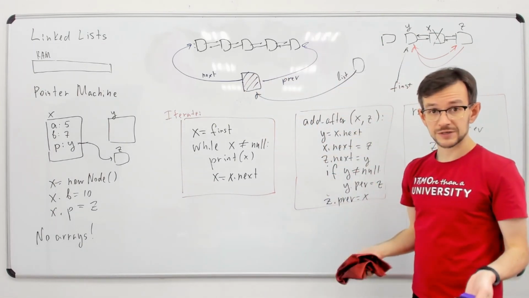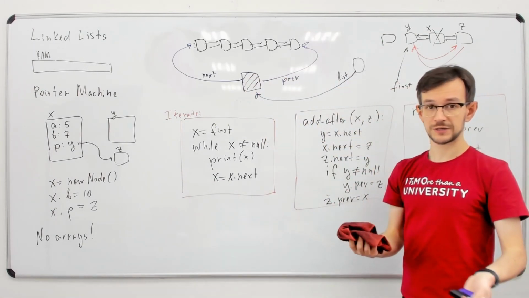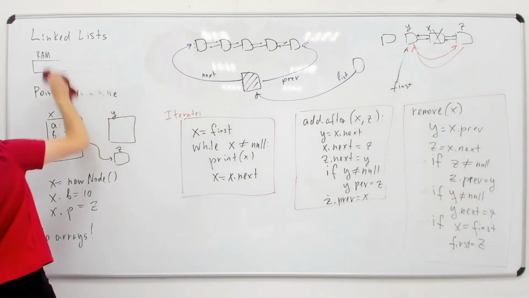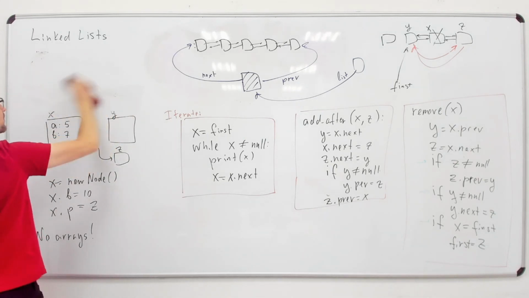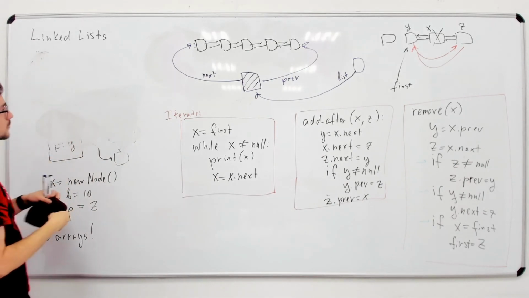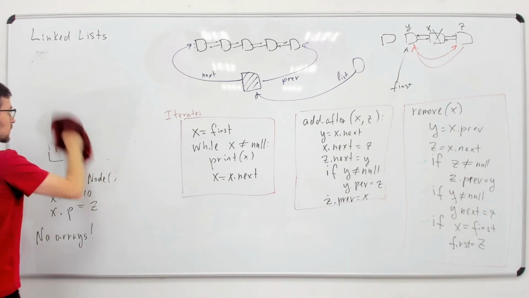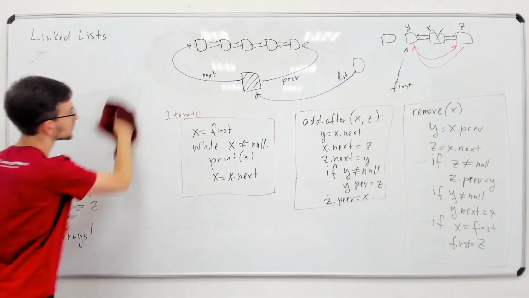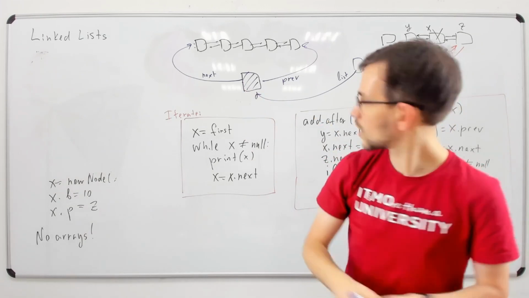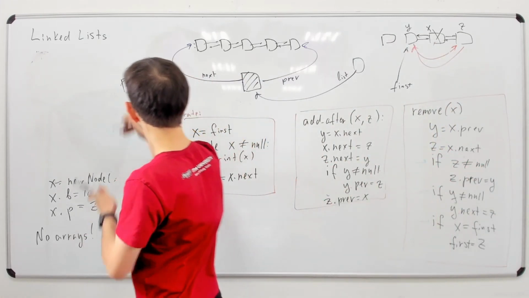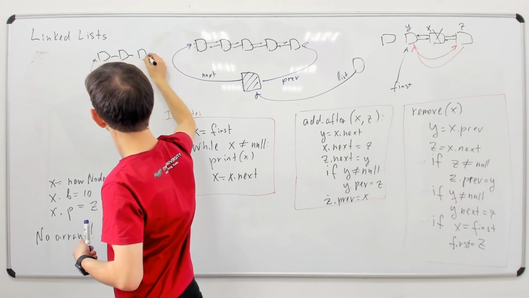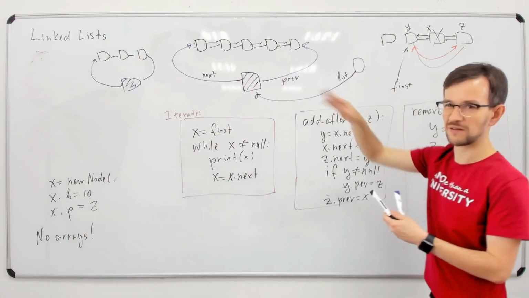What else can you do with linked lists? For example, you can concatenate two linked lists. If you have two structures like this, let's have another structure here. So you have another element like this, and you have some list here. Something like this. There are double links everywhere.